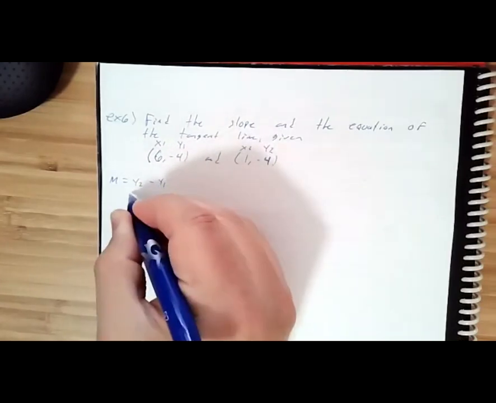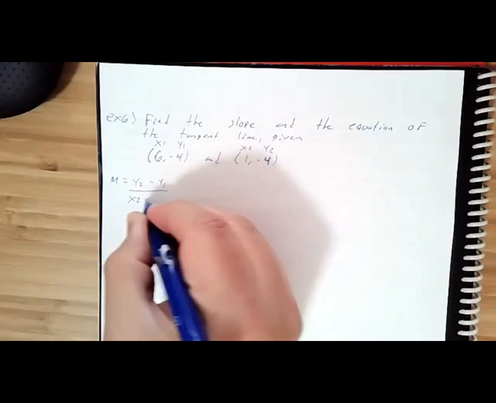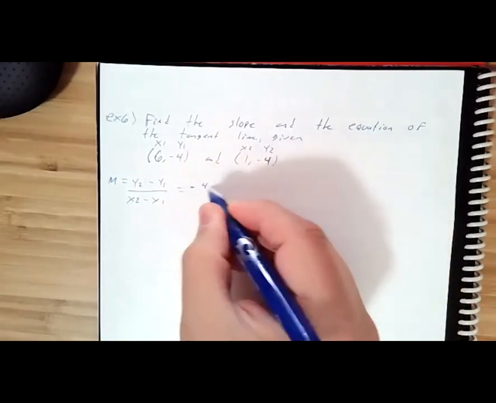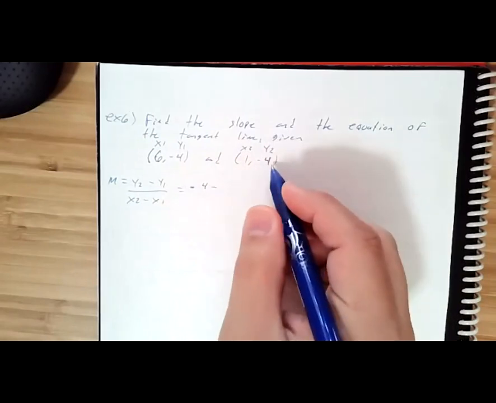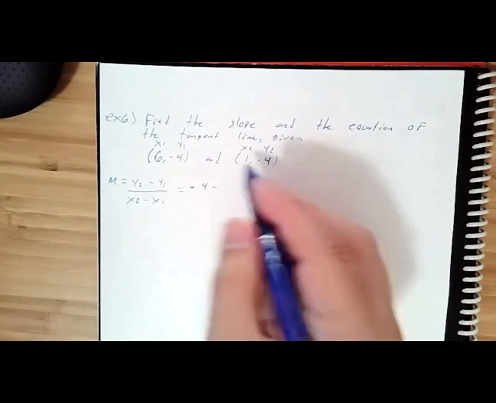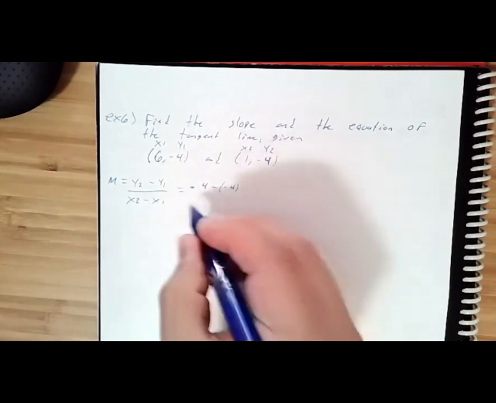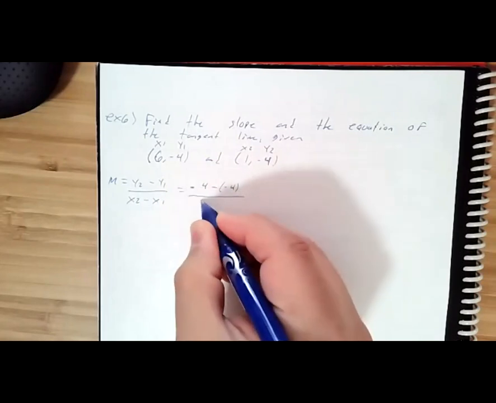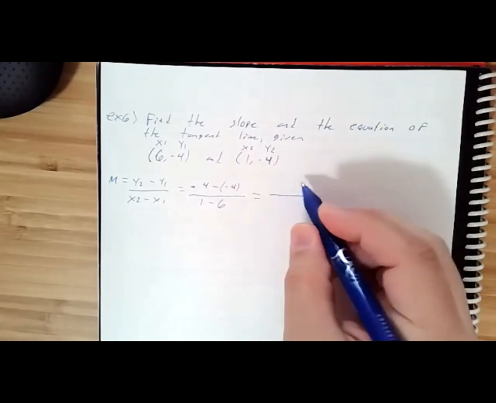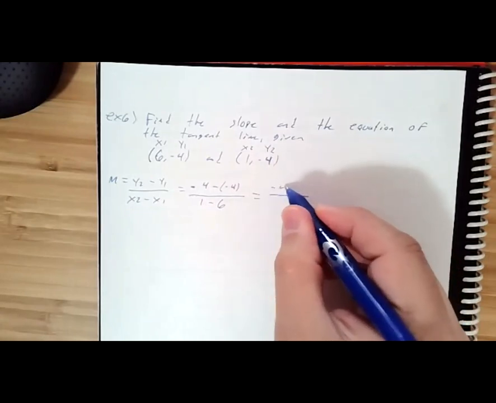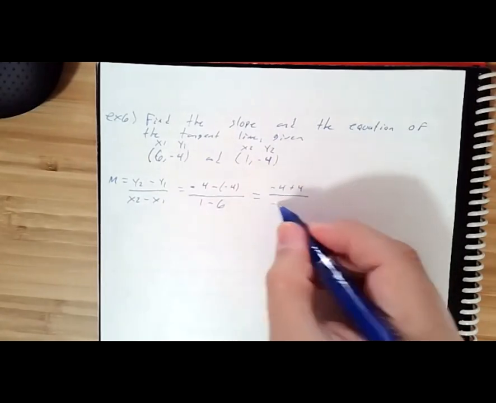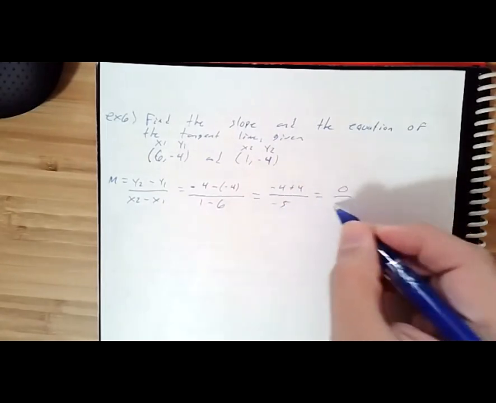y2 minus y1 over x2 minus x1, which is going to be -4 minus, well, actually it turns out to be the same. Interesting. 1 minus 6. So on the top, you're going to get -4 plus 4. 1 minus 6 would be a -5, so this would be 0.